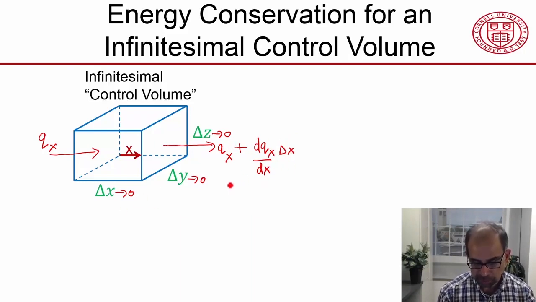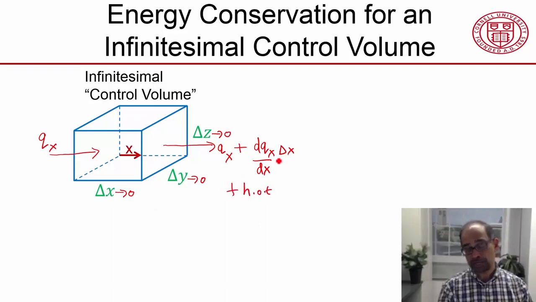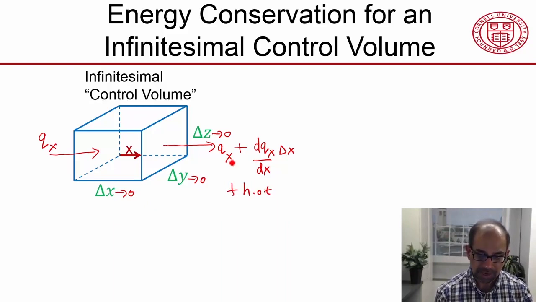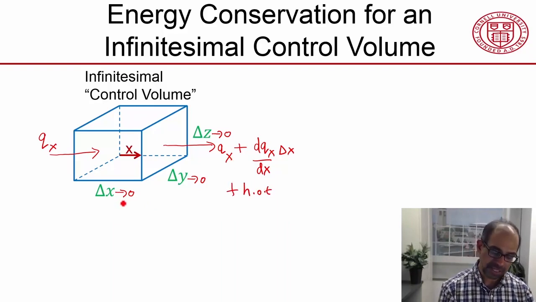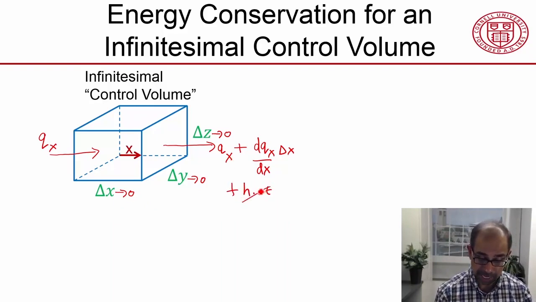You're going to get higher order terms that are proportional to delta x squared, delta x cubed, and so on. But in the limit as delta x tends to zero, I can ignore that. That's why this is important, because I can ignore the higher order terms. So the heat flowing out is slightly different from the heat coming in.